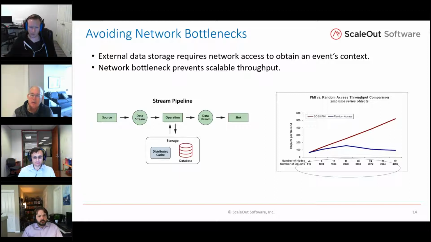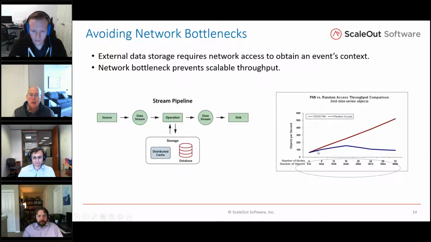This particular graph is not a stream processing workload, it's a financial services workload of backtesting stock portfolios, but it's the same issue. When you're retrieving data across the network from another storage mechanism, which is the blue curve here, you can see that the throughput stops scaling and can really fall off because of saturation of the network.